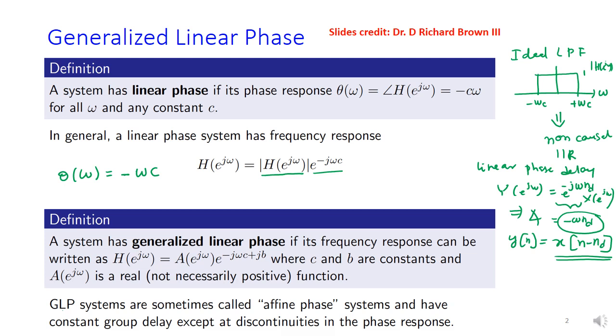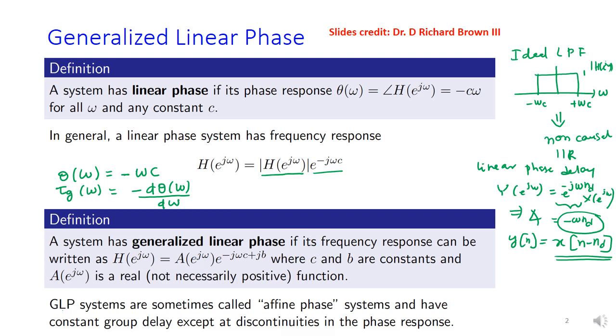Here c in our earlier notation is nd. One more parameter we are going to use is group delay, which is defined as minus d theta of omega by d omega. You take the derivative of the phase theta of omega with respect to omega and take the negative sign of it.